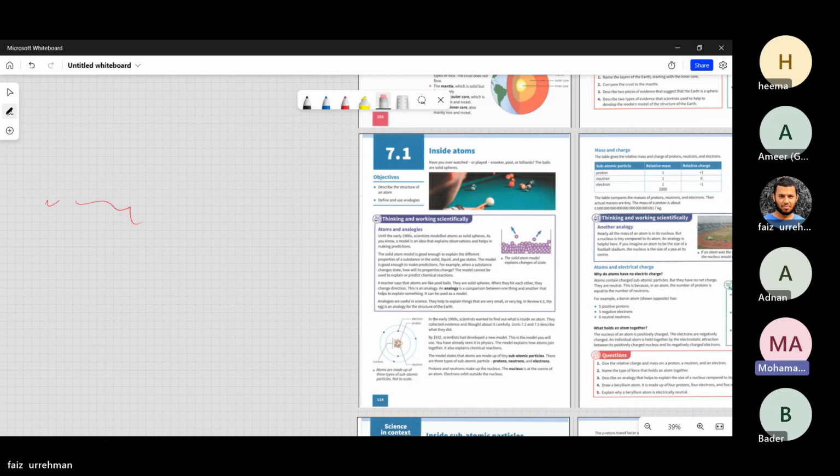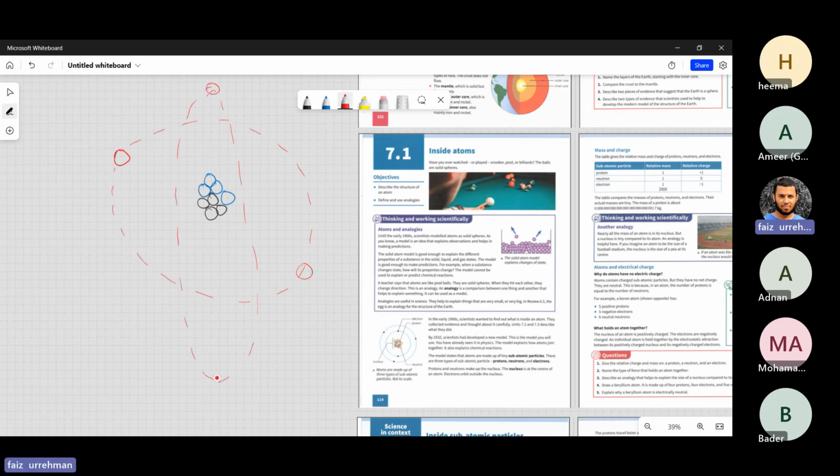When you zoom in, you will see something like this.